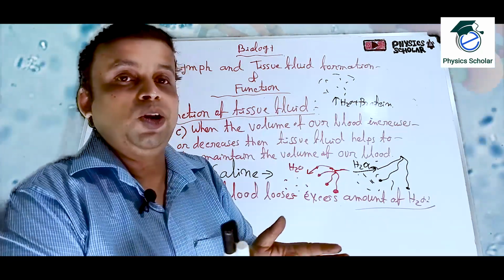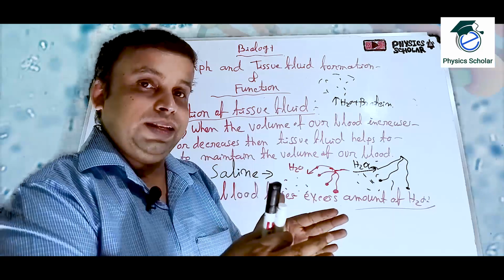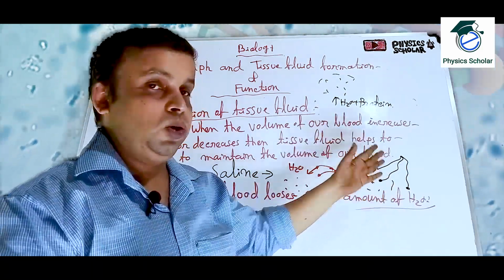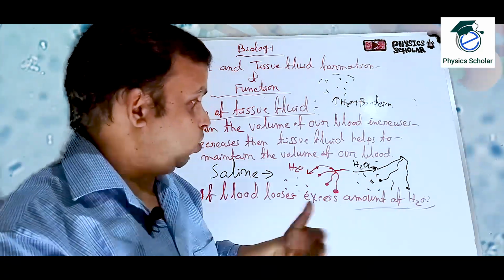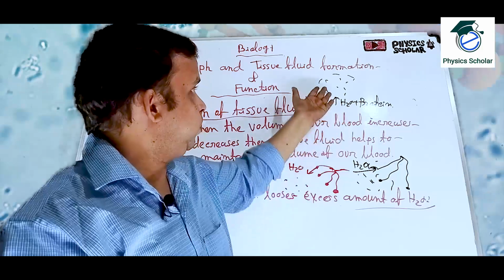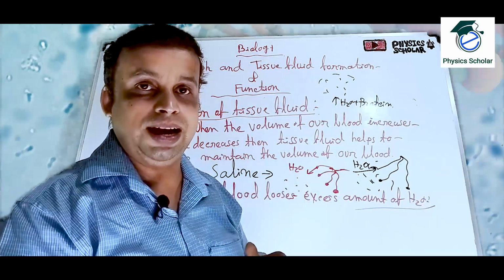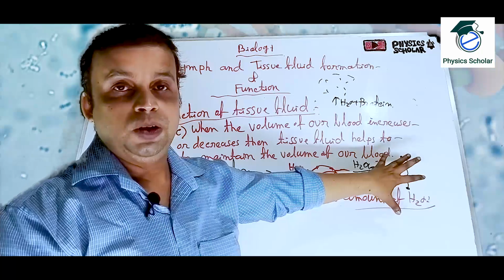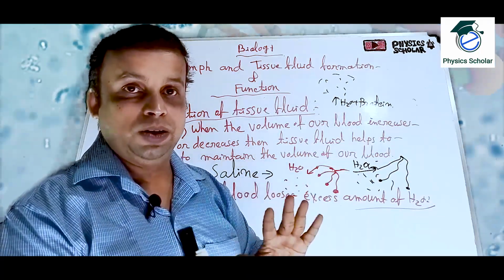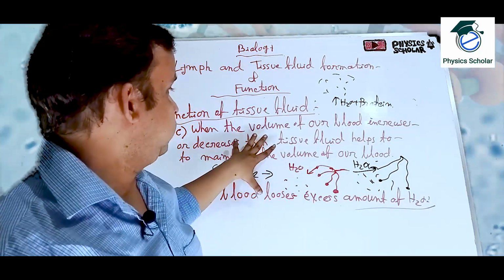Thus again the volume of the blood, which previously decreased due to the loss of excess water, will increase as the water from the tissue fluid enters the blood. So that is how the mechanism works.